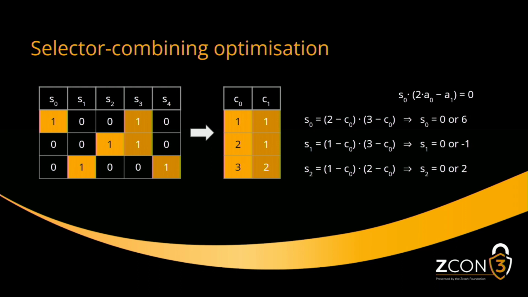But if you plug in any of the other values, 2 or 3, it becomes 0. So we're effectively turning our selectors in this case from being Boolean, 0 or 1, into 0 or non-zero.